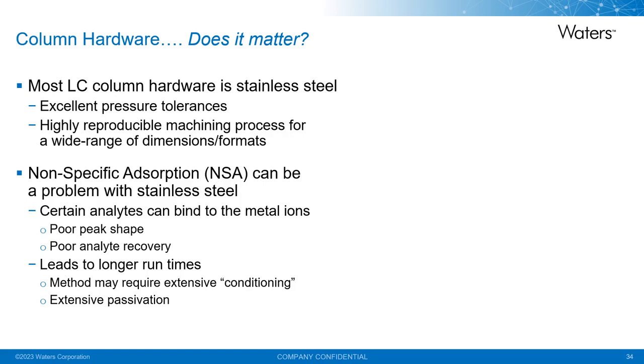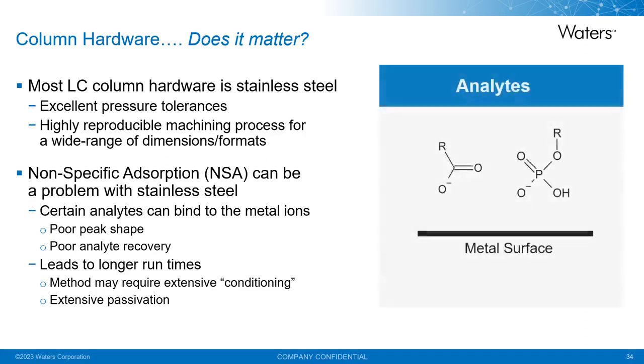This in turn can lead to longer run times, whereas if you install a brand new column, the surface has not been fully passivated with analytes, or if you're not using additives to suppress those reactions, it may require extensive conditioning and therefore extensive passivation.